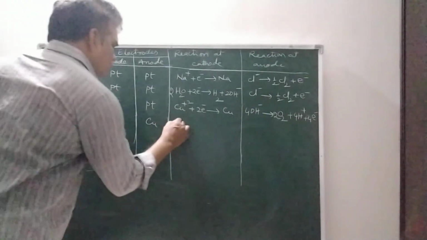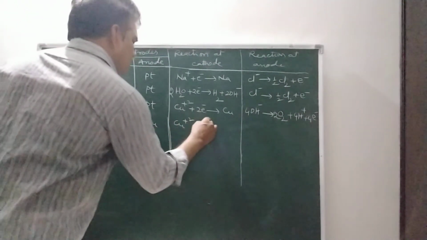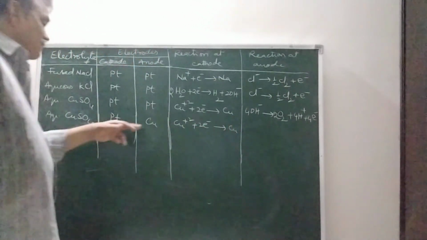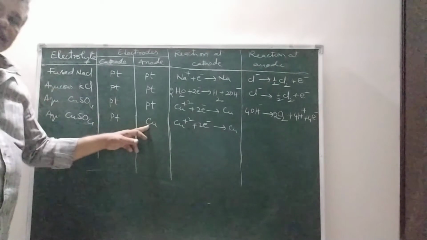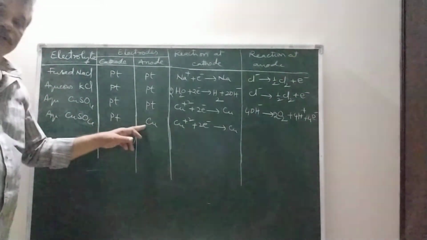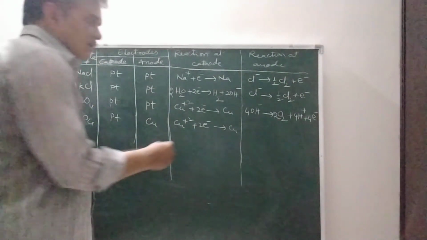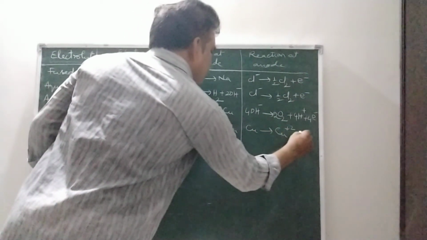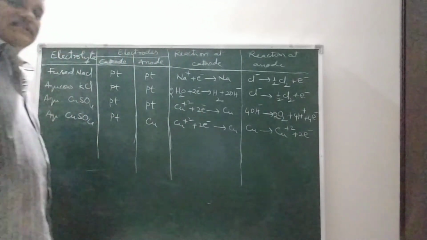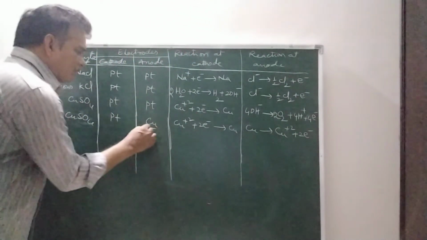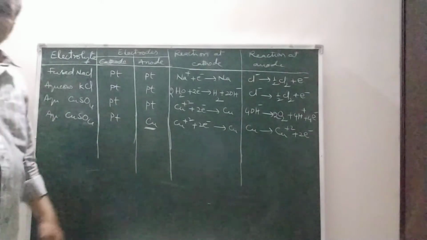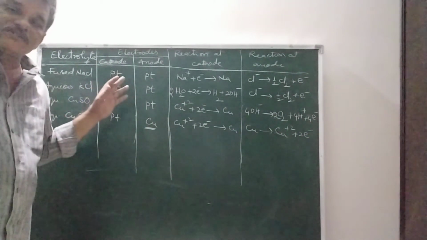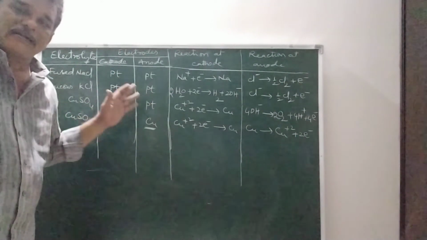So Cu2+ ions have low discharge potential, and Cu2+ takes 2 electrons and converts into Cu. But here the anode is not an inert electrode, it is an active electrode. So at the anode, Cu converts into Cu2+, releasing 2 electrons, because here copper is an active electrode. That order applies in the presence of inert electrodes.